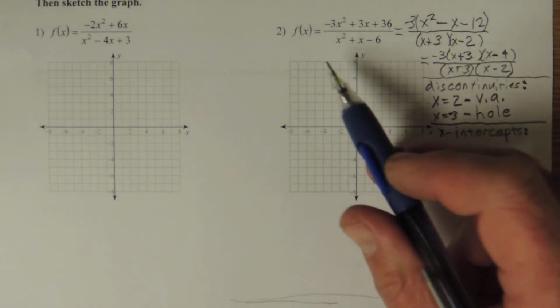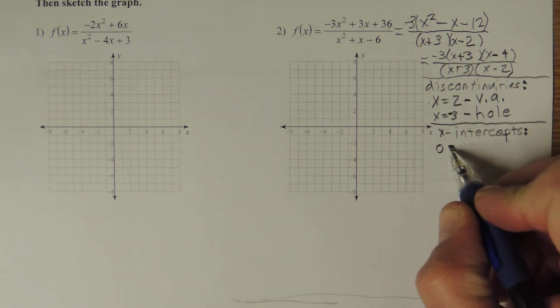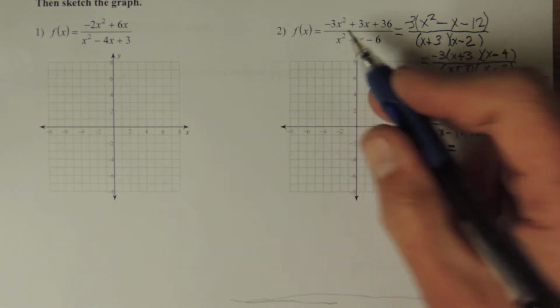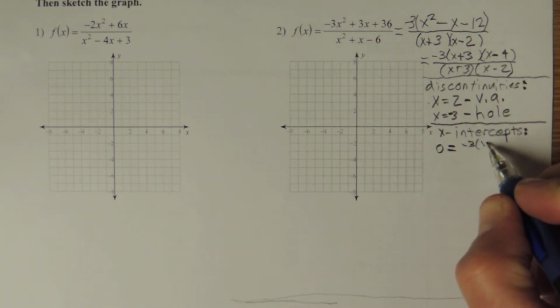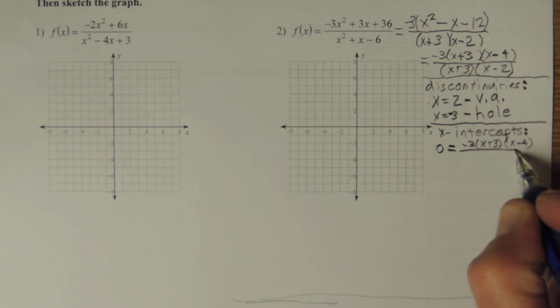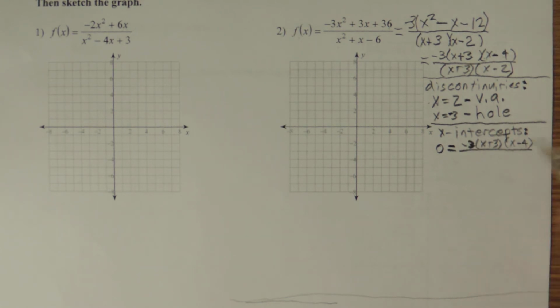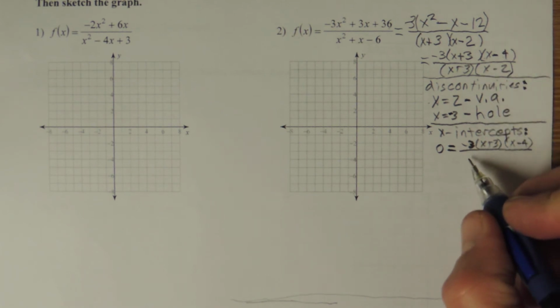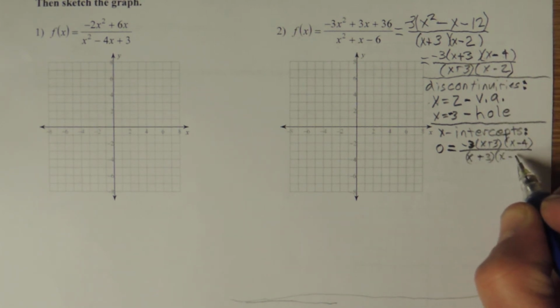So I'm going to say that, or in this case f of x equals 0, equals divided by x plus 3 times x minus 2.